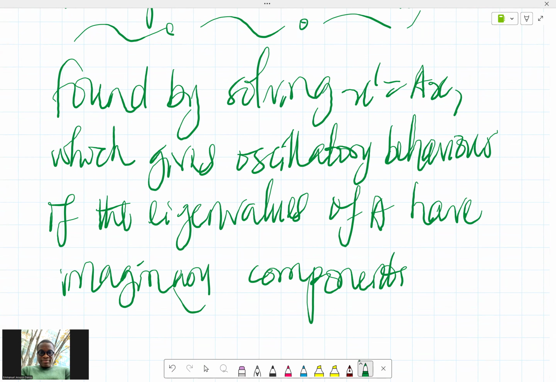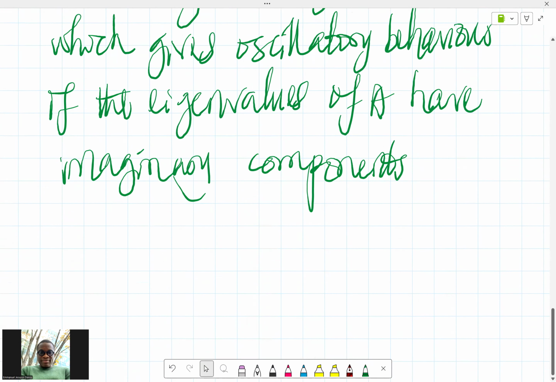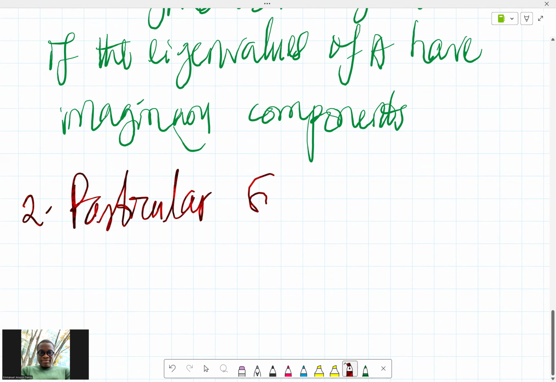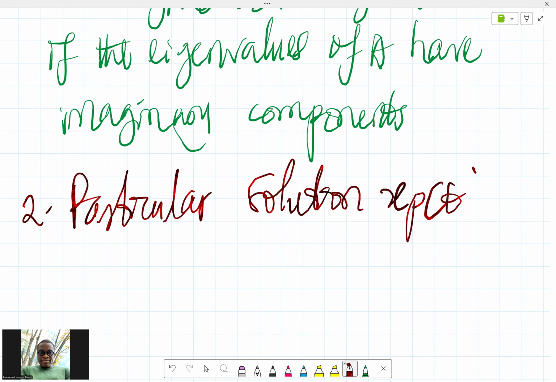Then we have the second one, the particular solution, which we call xp of t.